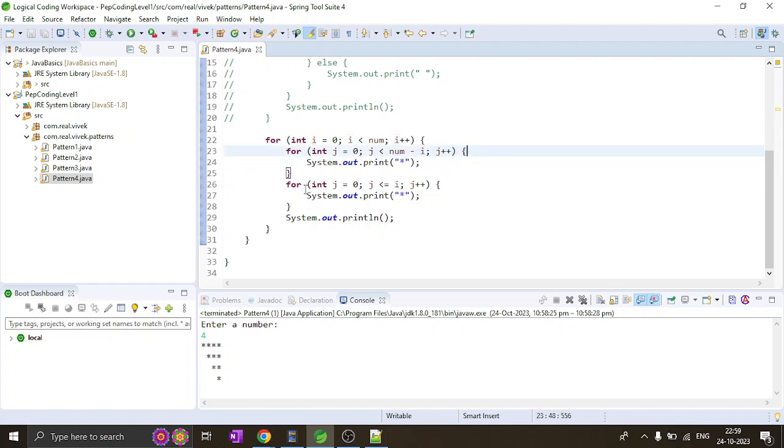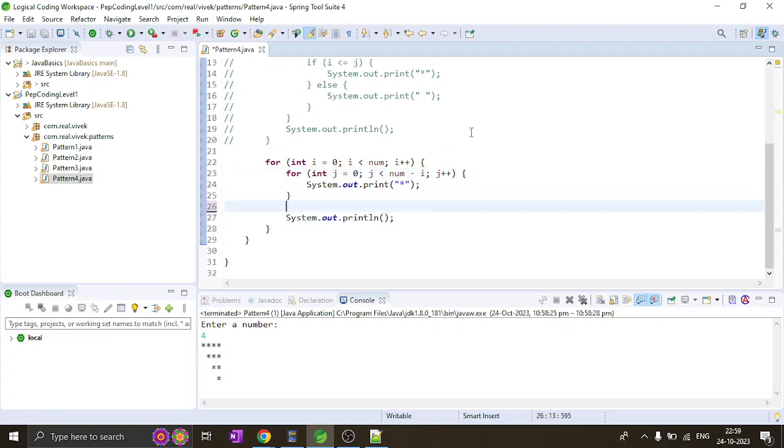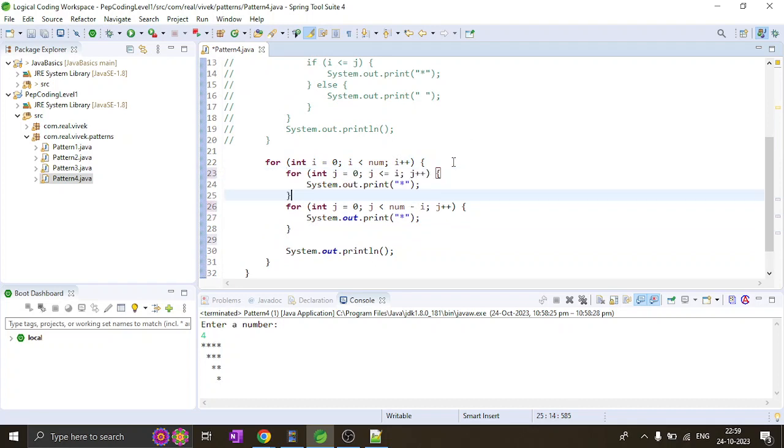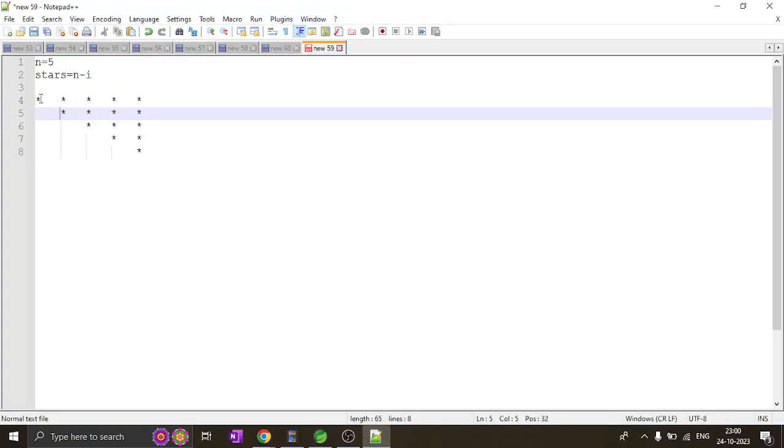Okay, so we'll have to first write the logic to print spaces. So when I is equals to 0, then we don't have to print any spaces. When j is equals to 0 and I is equals to 0, then no space will be printed. For the first row, no space will be printed, right?